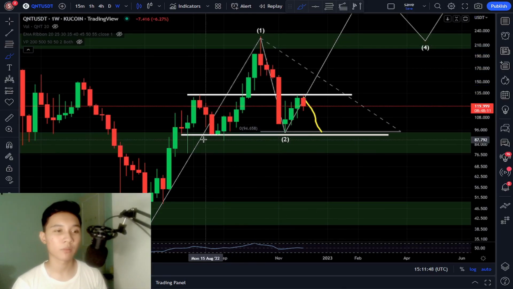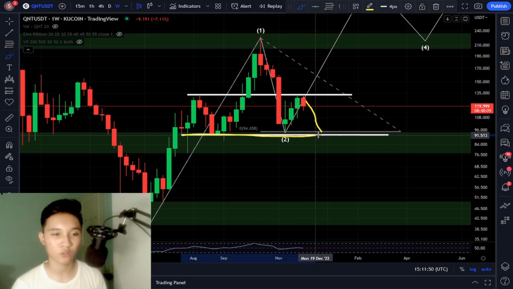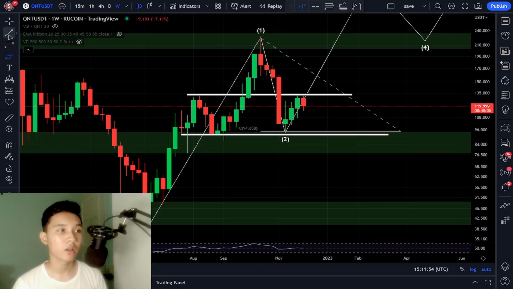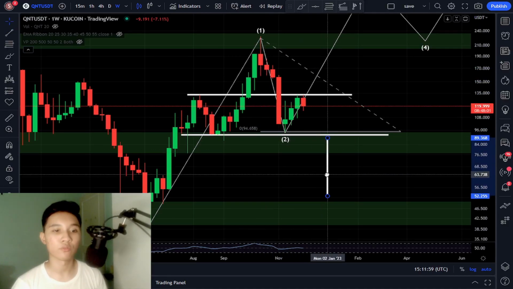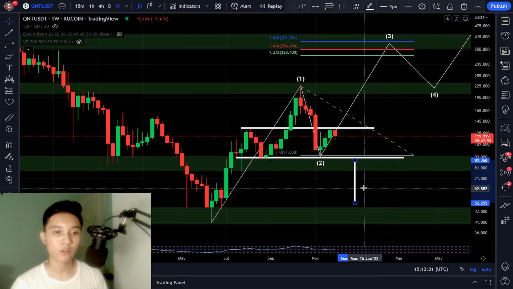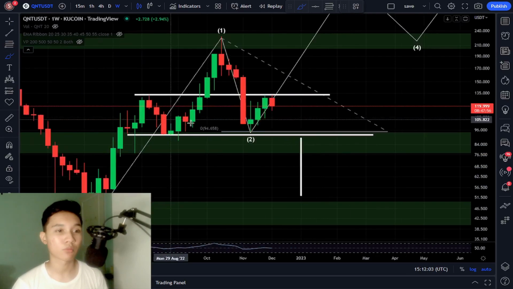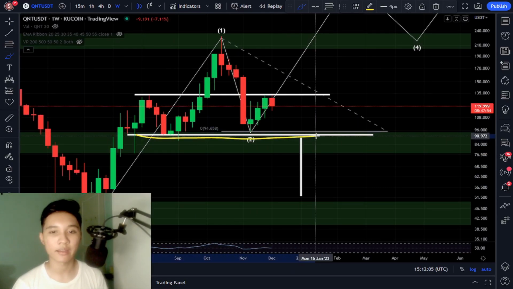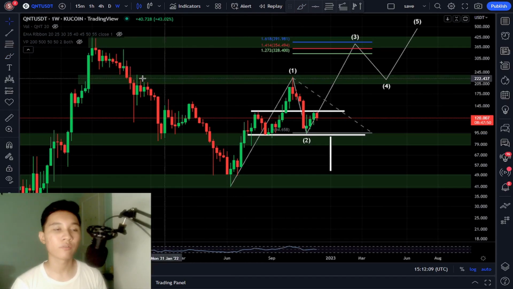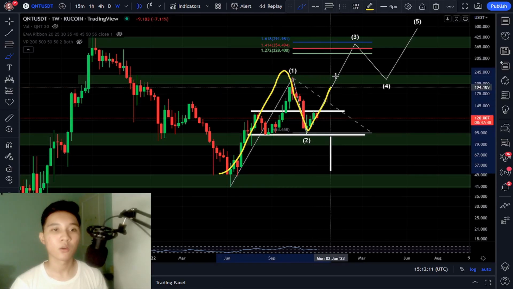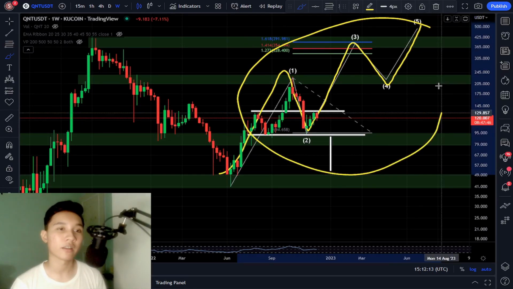And if we do break below the neckline of the head and shoulders pattern located at $92, then the target of the head and shoulders pattern in the weekly time frame is a dump to $50. Yes, so if we do dump, and if we do actually break below the neckline at $92, this impulsive 5-wave move to the upside will unfortunately be invalidated as well.